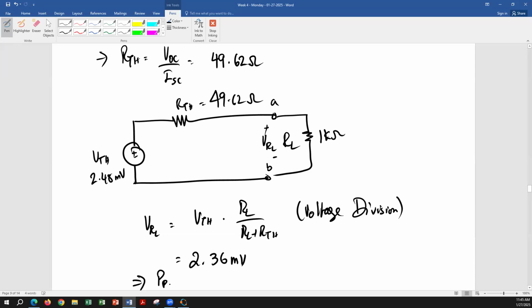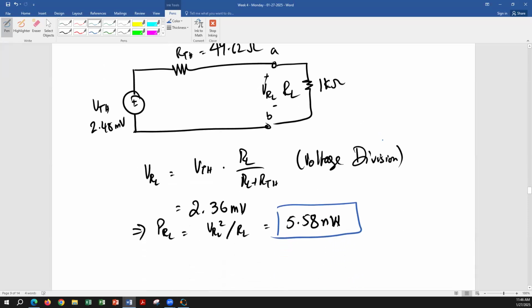Therefore, power in RL is equal to VRL square over RL. 5.58 nanowatt. And this will wrap up our work for today.